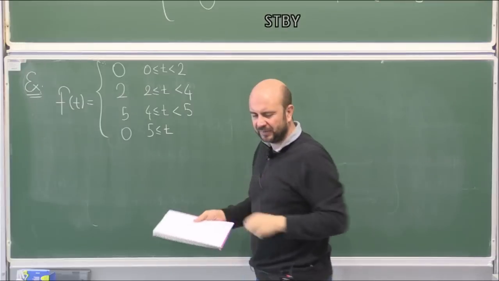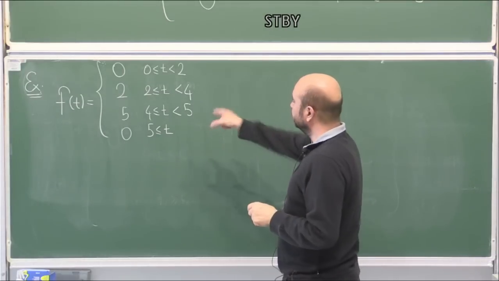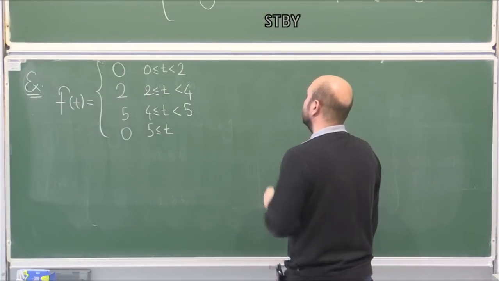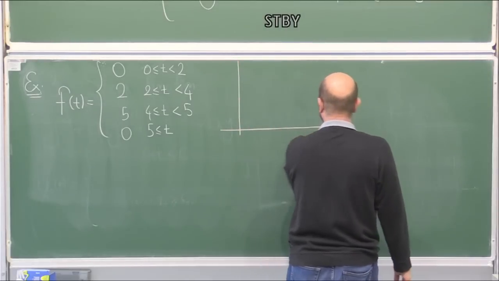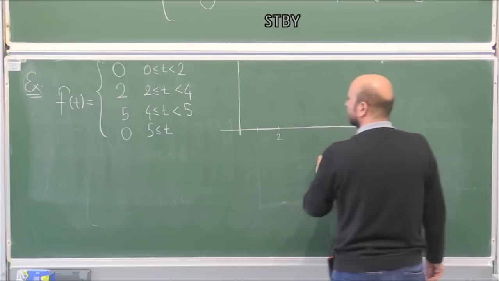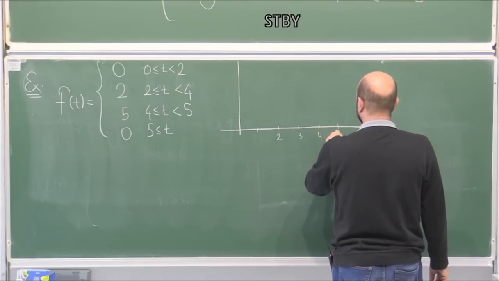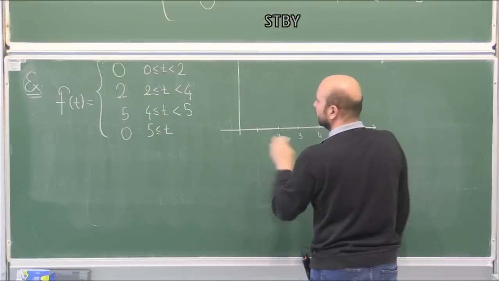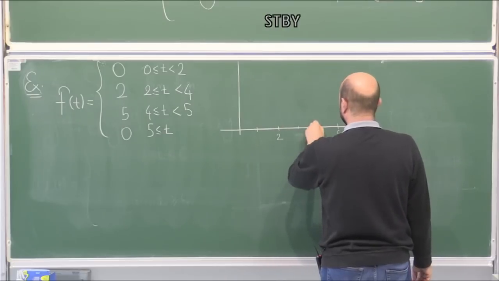Now let's look at this function. This is a locally constant function. If you look at its graph, we have 2, 3, 4, 5. The important numbers are 2, 4, and 5, so let me indicate those.